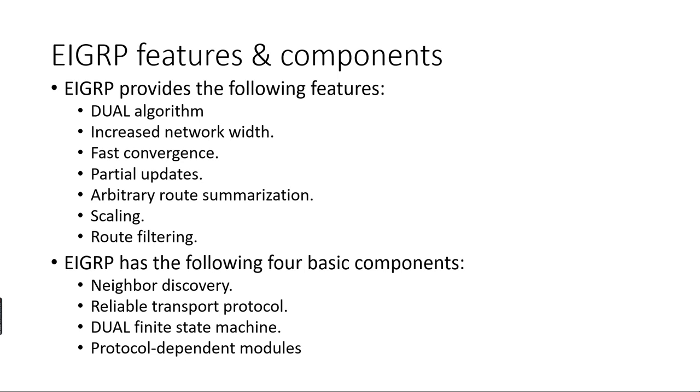Moving on to the next feature, which is the increased network width. Take for example the RIP protocol, the largest possible width is 15 hops. When EIGRP is enabled, the largest possible width is 224 hops. In this way, the network width has been increased.